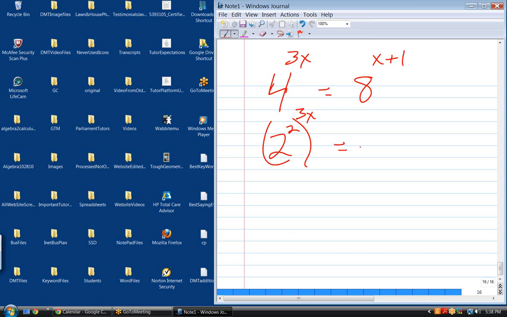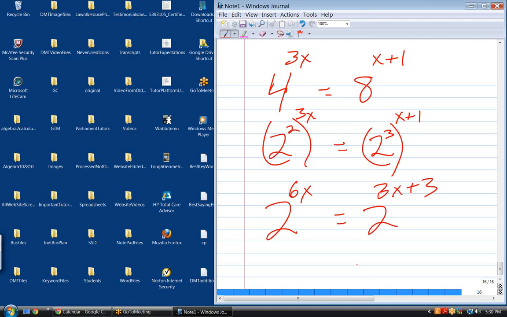Over here, I'm going to represent the 8 as 2 cubed, and I always use parentheses. Those parentheses are vital, incidentally. If I didn't have the parentheses, this would have a different meaning. Now, using the rules of exponents, the left side becomes 2 to the 6x. Like you said, what does the right side become? 2 to the 3x plus 3.